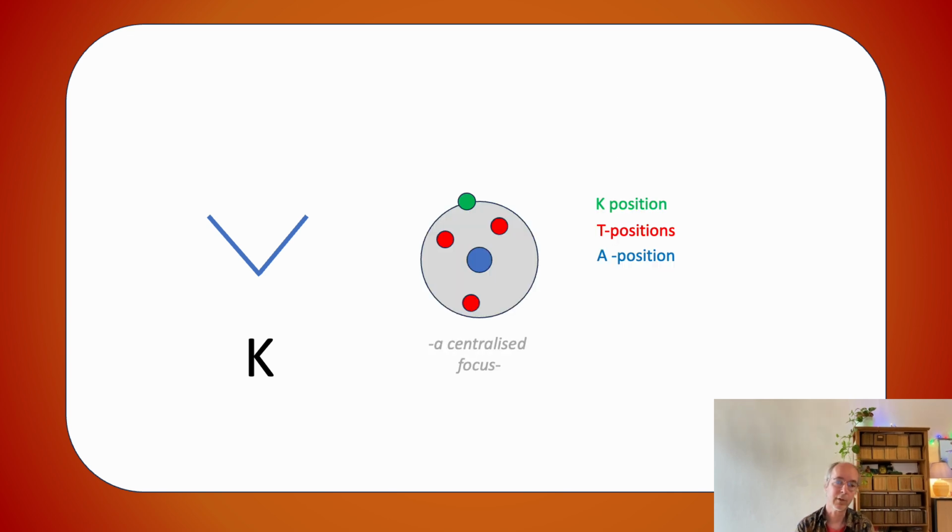So the first three letters are all centralized focuses. With the A, for instance, you always find your center focus, and you can also confirm every idea that you have. You just add more to it, so you can keep your centralized position.